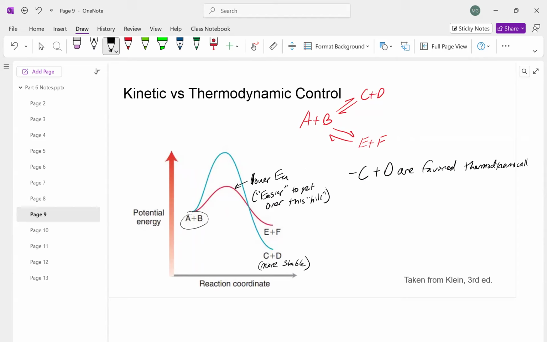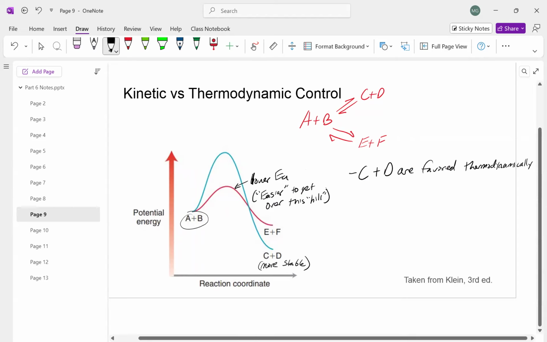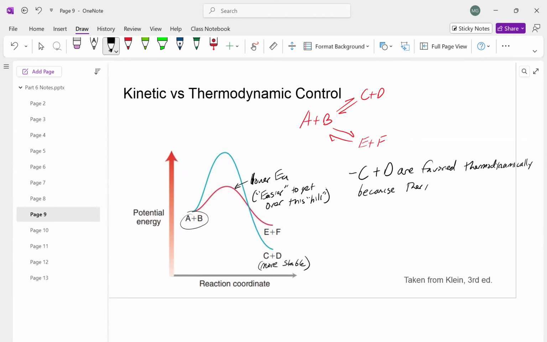Remember, thermodynamics is about the beginning and the end, because they are lower in energy than the reactants.